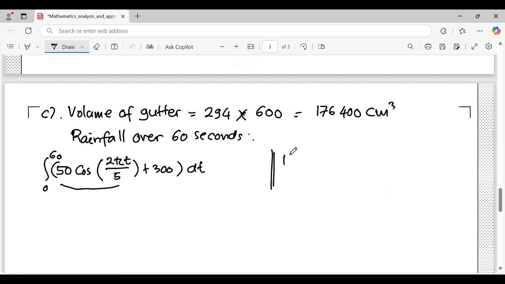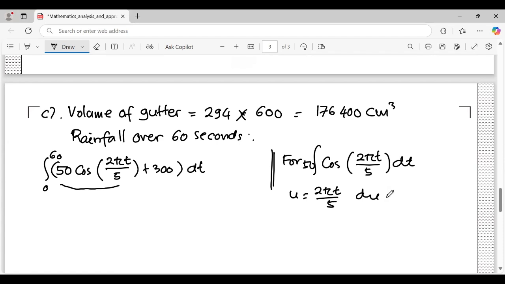So the integral of 50 cosine(2 pi t over 5) dt. If u equals 2 pi t over 5, it means du equals 2 pi over 5 dt, so 5 over 2 pi du equals dt.